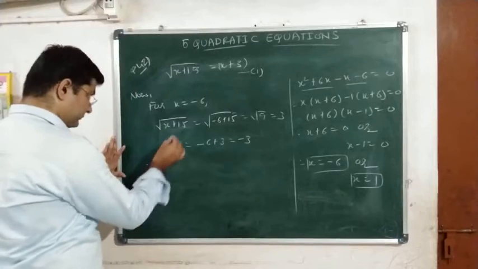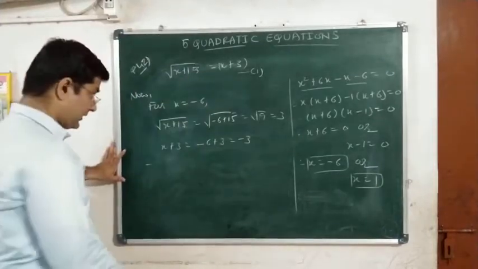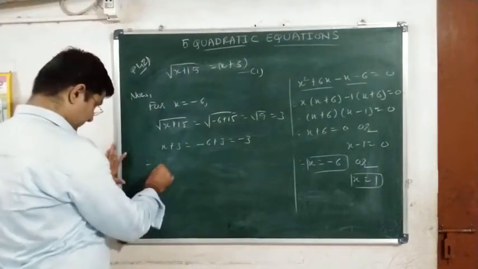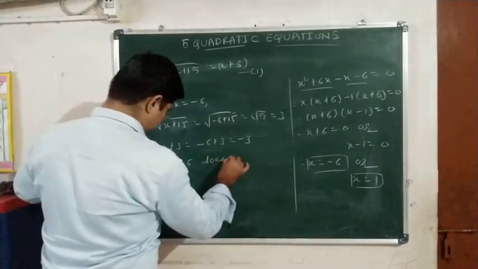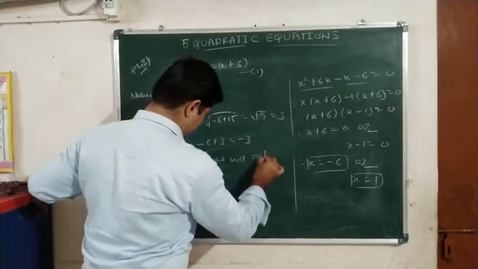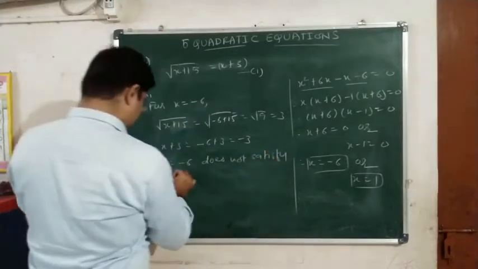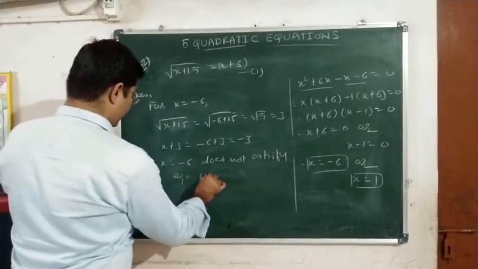And therefore LHS and RHS are not equal, and therefore we will write down that x is equal to minus 6 does not satisfy equation 1.